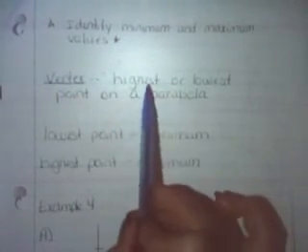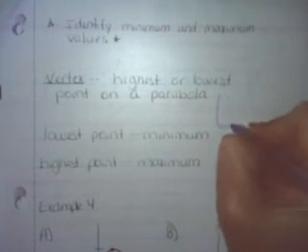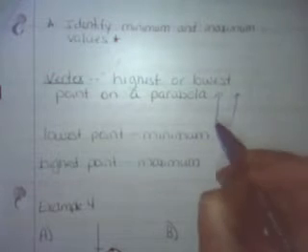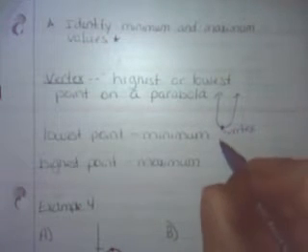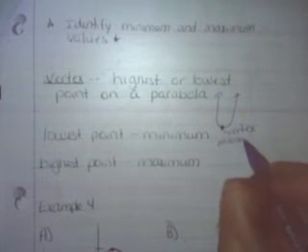Vertex. That is the highest or lowest point on a parabola. So if I have a parabola that opens upward, your lowest point on that parabola is the vertex. Since this is the lowest point, that's going to be a minimum. Lowest point, minimum.